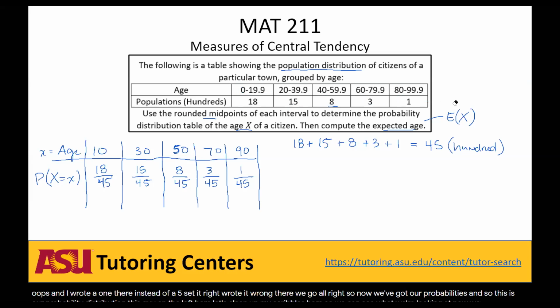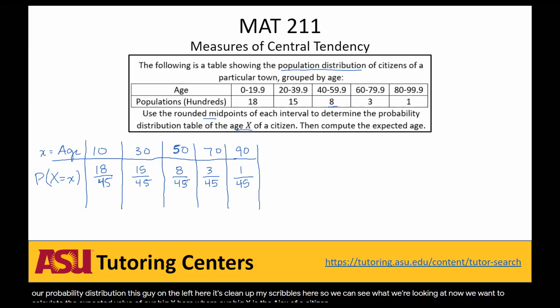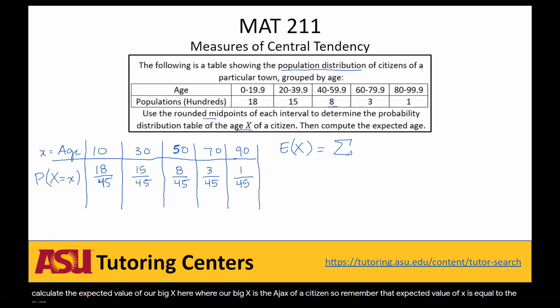Now we want to calculate the expected value of our big X here, where our big X is the age X of a citizen. So remember that expected value of X is equal to the sum from i equals 1 to n, where n is the number of different possible values of little x.